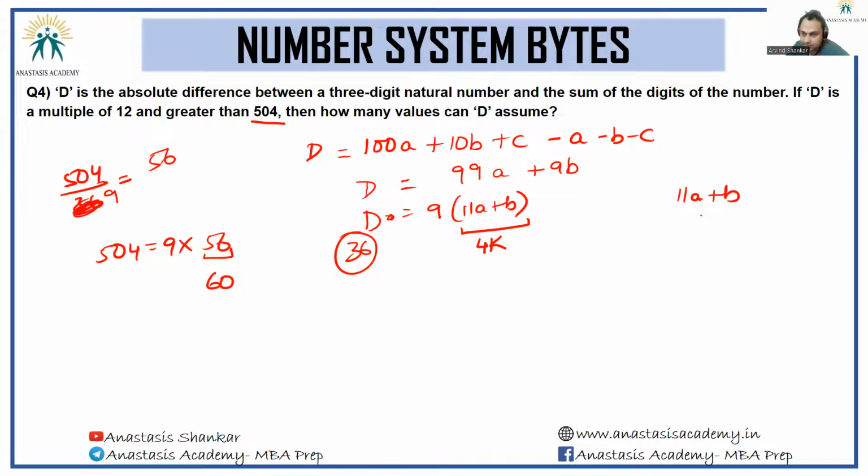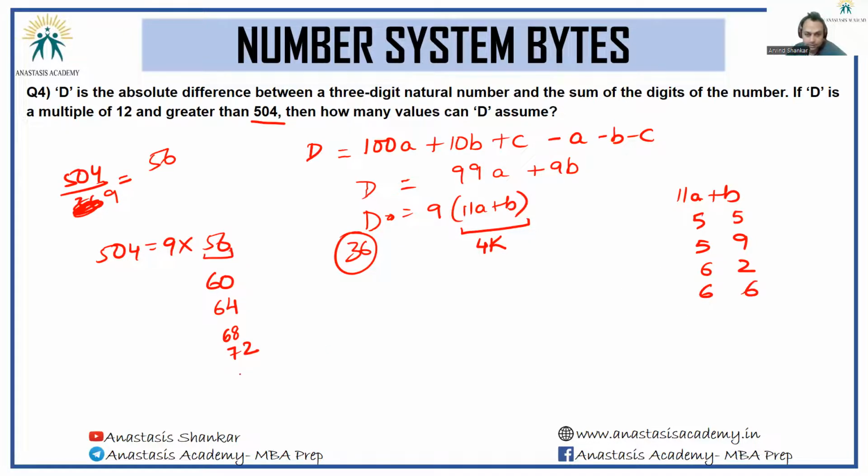So for 60, I would need 5 and 5. Yes, it works. For 64, I will get 5 and 9. Yes, it works. For 68, I will get 6 and 2. Yes, this works. For 72, I will get 6 and 6.